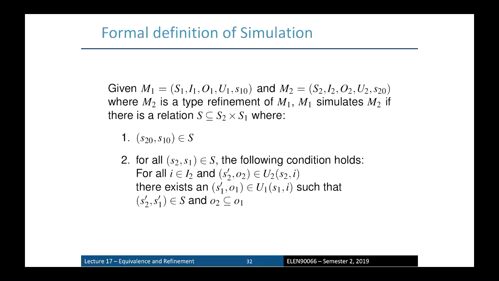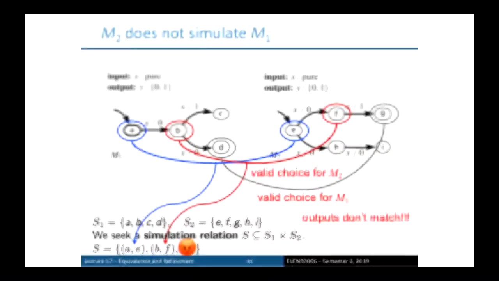What does all this say? It just says that we build up that simulation relation. M2 is a type refinement, or in other words, M1 simulates M2, if there's a relation, where this is our joint space here, such that the initial states are both in there. That's fairly obvious, right? Think about our little examples back here.